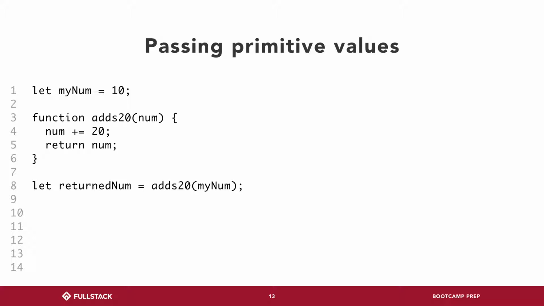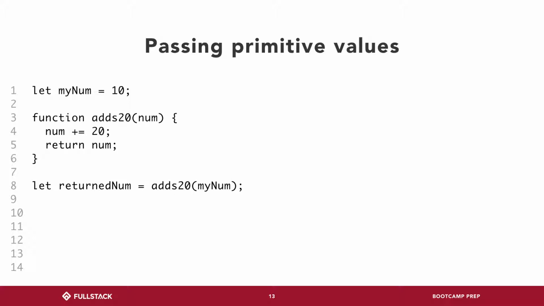When we hop into adds20, we create a new functional scope. This scope is what's going to be on this call to adds20, and it's basically one layer deeper than the outer scope. While we're inside of adds20, we need a variable called num.